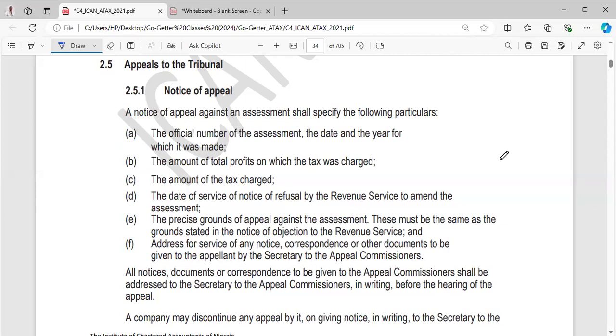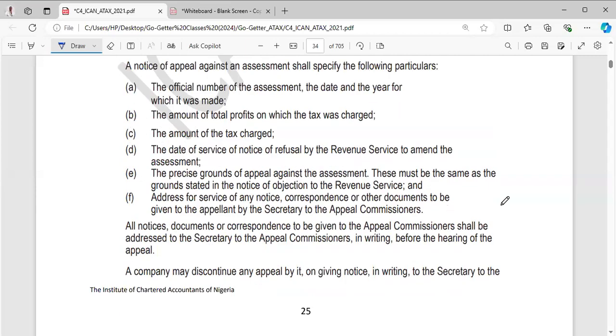The total profit on which the tax was charged, the amount of tax charged, the date of service of the NORA, and the precise grounds for the appeal, and it must be the same as the grounds stated for objection. Then the address for the service of any notice, correspondence, or document to be given to the appellant by the secretary to the appeal commissioners.